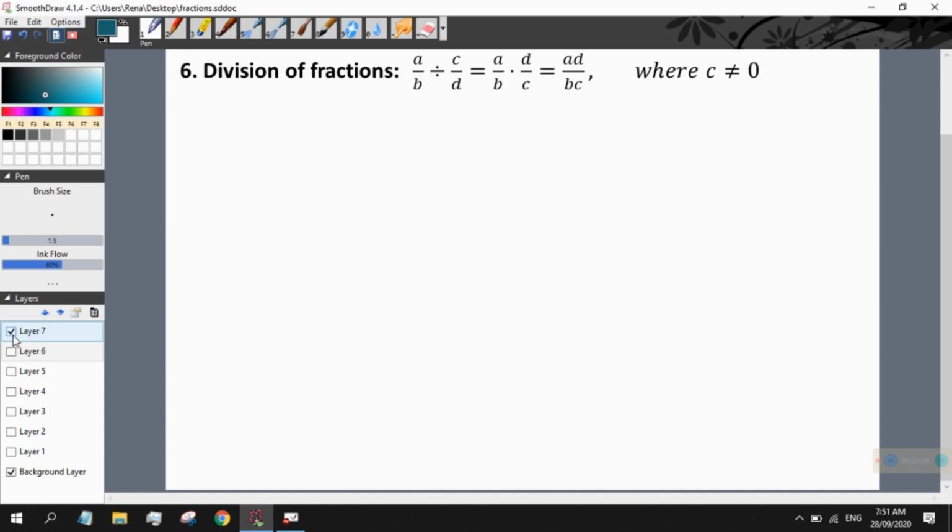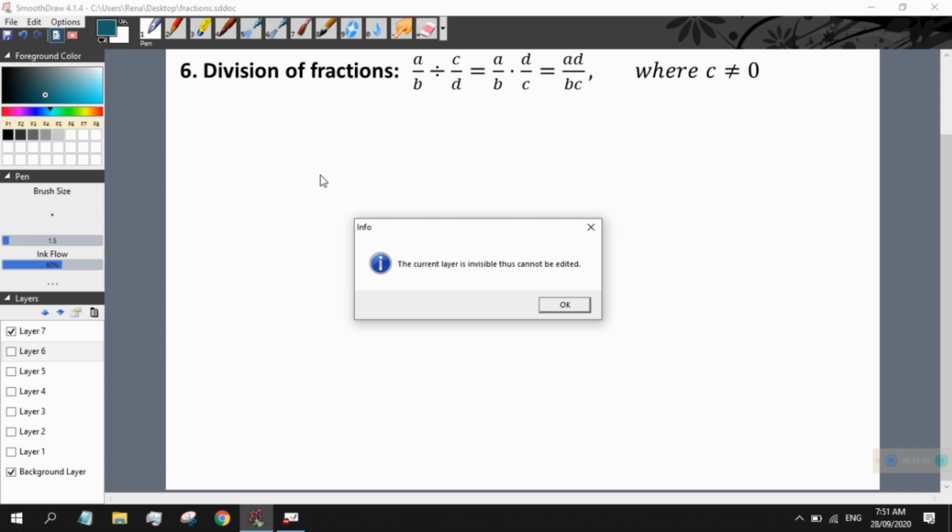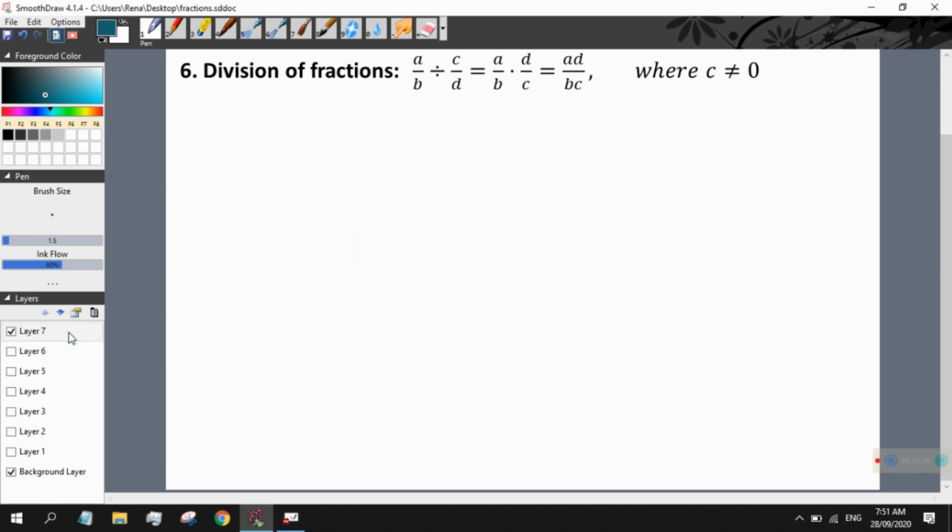Last, we have division of fractions. This is also very simple. It just looks intimidating when you write it like this. So, we have A over B divided by C over D. What you will do is multiply the first fraction, the number to be divided, by the reciprocal of the divisor.